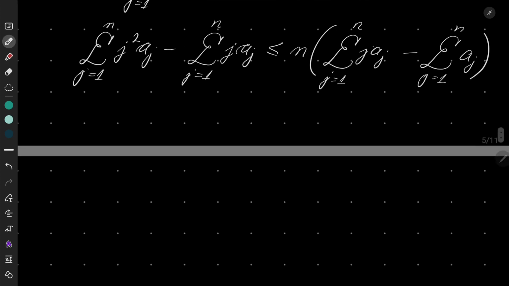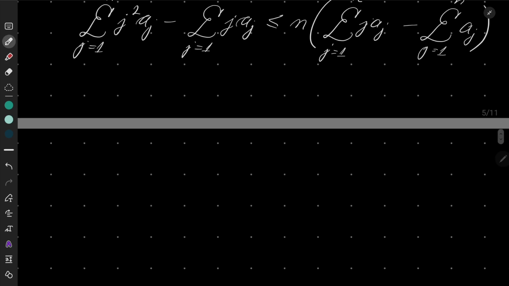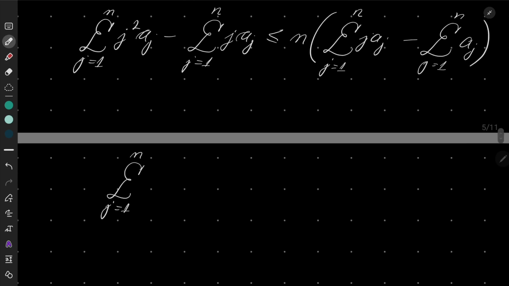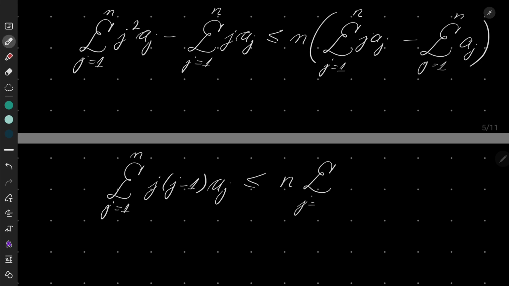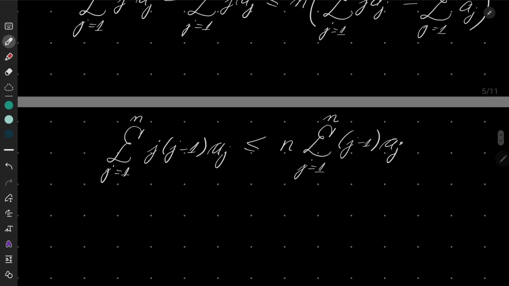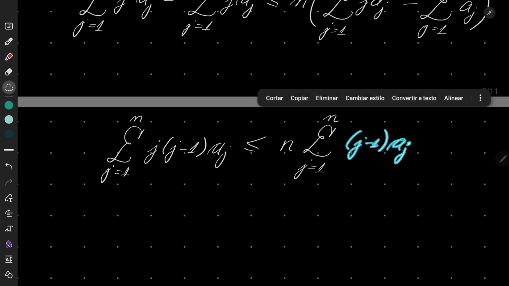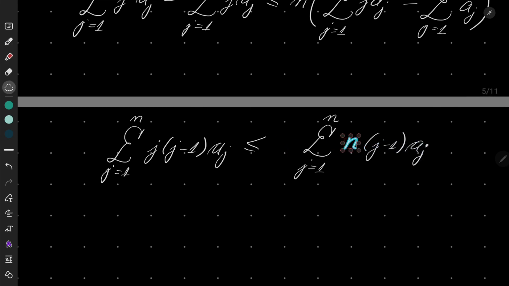And now let's try to combine these sums, and we get the following. If we combine the sums on the left-hand side, we will get j times (j minus 1) aj, and on the right-hand side we get n times the sum from j equals 1 to n of (j minus 1) aj. And also I will put this n inside my sum.